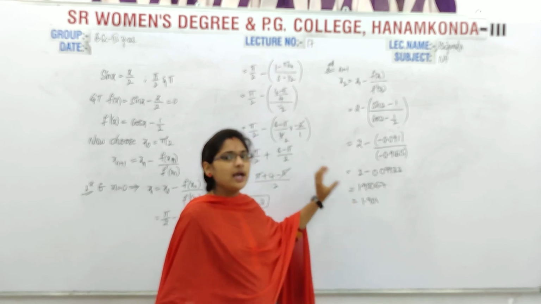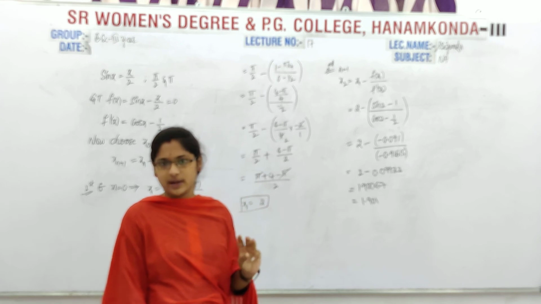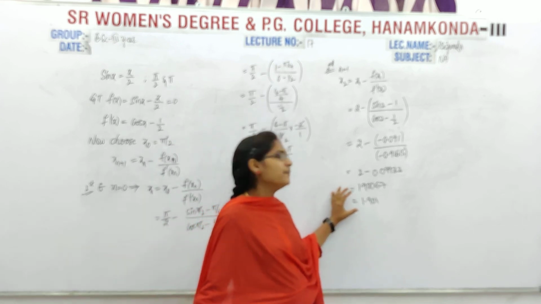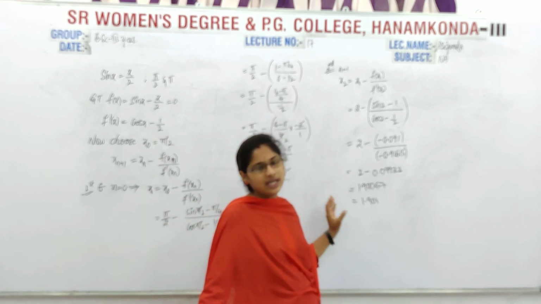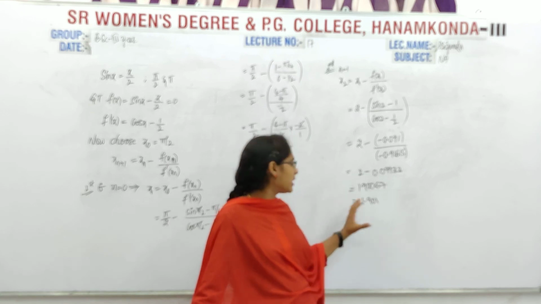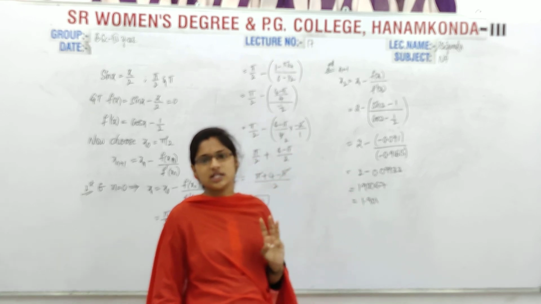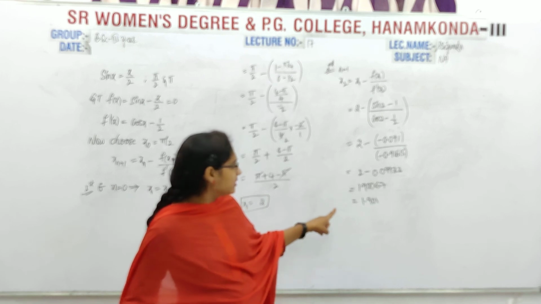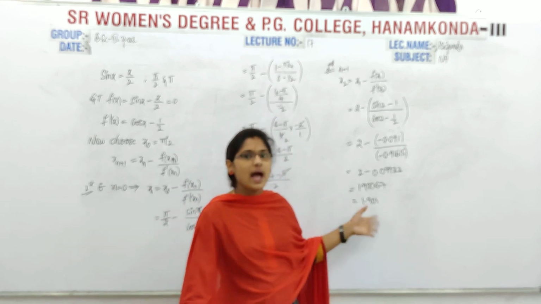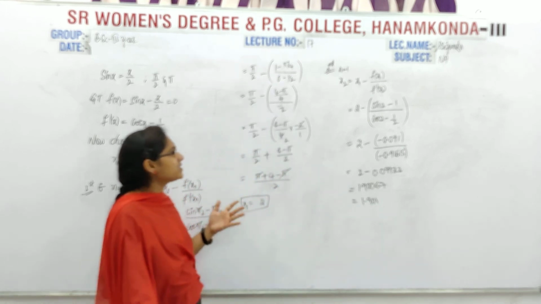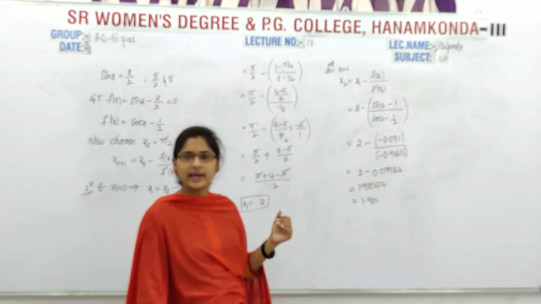Please remember that when they mention the decimals, then simply you have to take that at the end. Otherwise in each iteration you have to correct to 3 decimals. Here we have the value 1.901, and next we have to go for the next iteration, that means we have to find the x3 value.